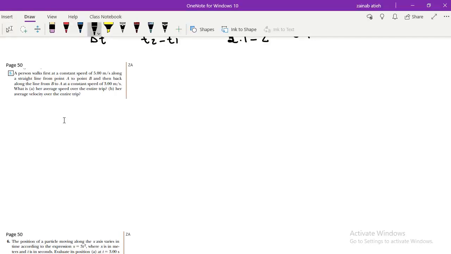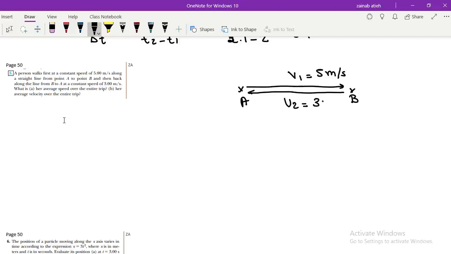We have a person going from A to B. On its way from A to B, let's call V1 the speed, it's 5 meters per second. And it's going back from B to A, the speed is V2, equal to 3 meters per second. Okay, let us call D the distance between A and B.